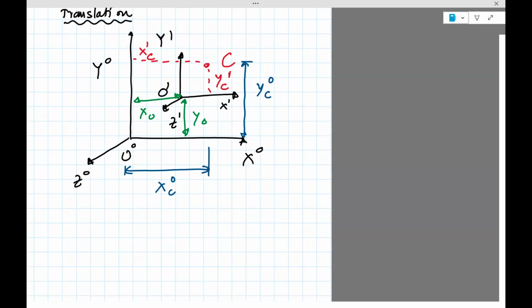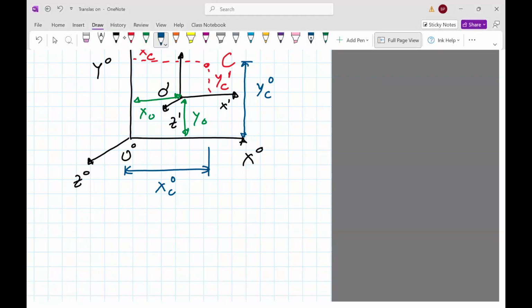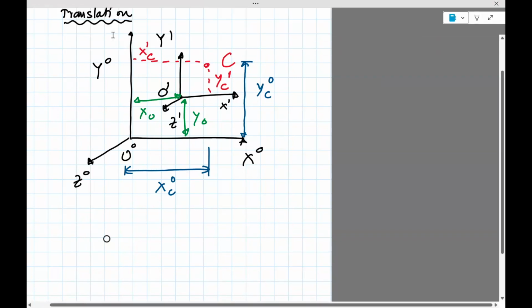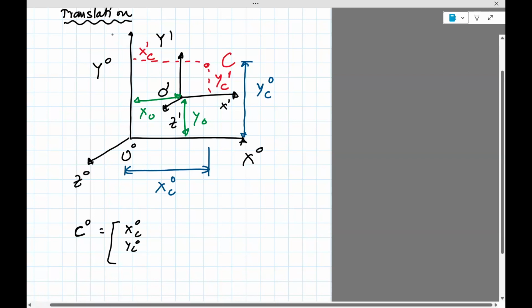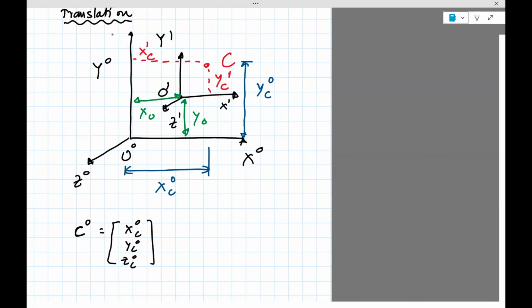When we write the position of point C, we can write it with respect to frame 0. So here I'll use xC0, yC0, and then I've not shown any movement in the z direction, but you could have motion in the z direction too.